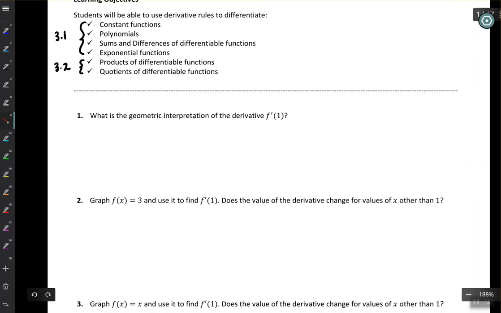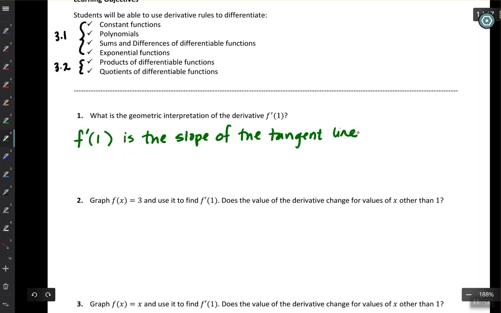What is the geometric interpretation for the derivative f prime of x at x equals 1? Remember, f prime is giving me the slope of the tangent line to what curve, to y equals f of x, wherever when x is 1.